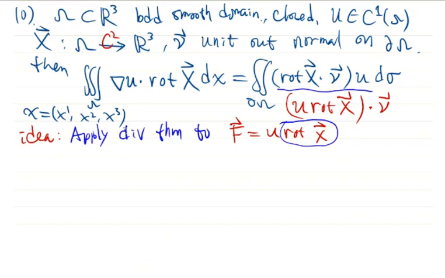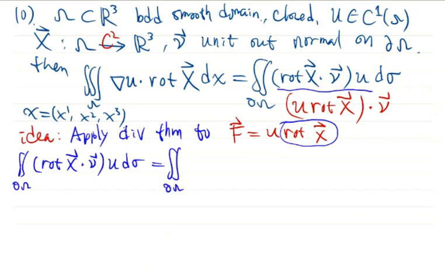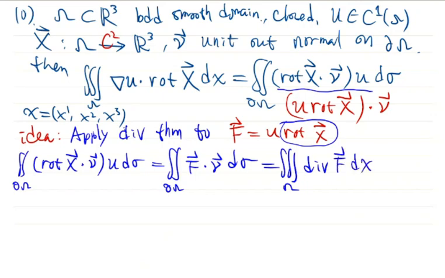So this new vector field we denote by capital F. We want to apply the divergence theorem to this capital F. We obtain the integral of the divergence of F. So we need to compute the divergence of F.